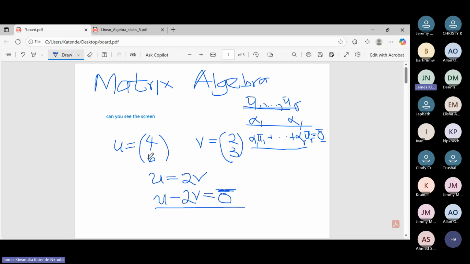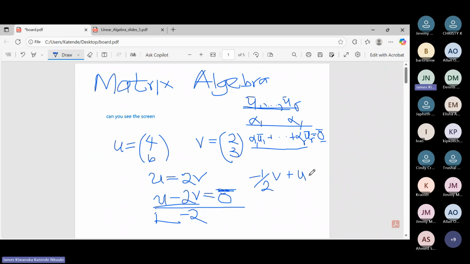So in this case, we have two vectors, 4, 6 and 2, 3. We have found two scalars, 1 and -2, and still gotten 0. The scalars you can find are not unique. The solution is not unique because you can also have u plus half v, or minus half v, and it will still give us 0.